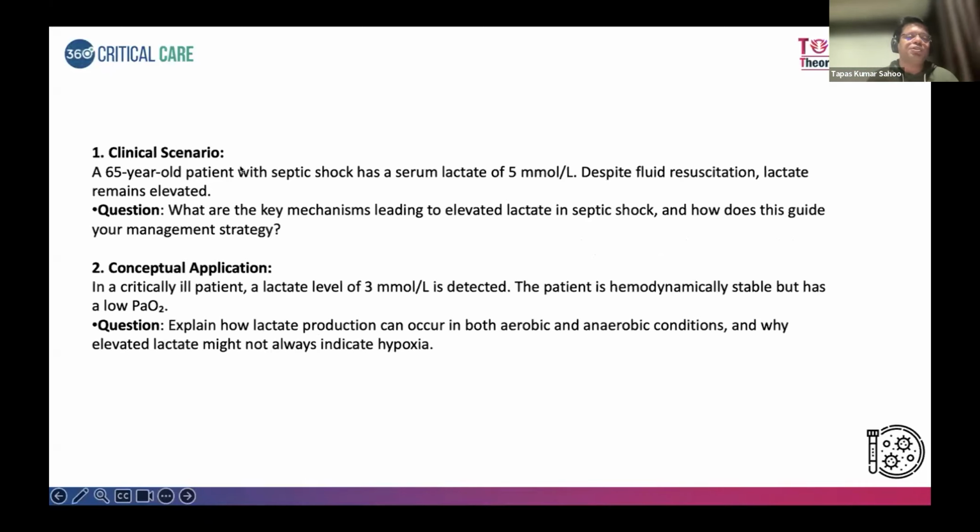In case lactate physiology will not be a direct question, the examiner may ask in a different format. Like a 65-year-old patient with septic shock has a serum lactate of 5 millimole per liter. Despite fluid resuscitation, lactate remains elevated. Now, the question would be, what are the key mechanisms leading to elevated lactate in septic shock, which I have explained nicely.